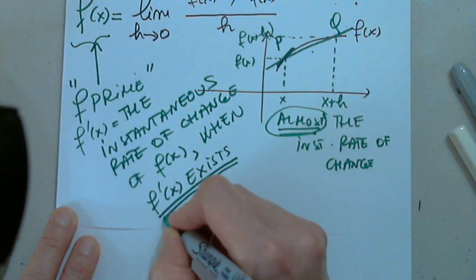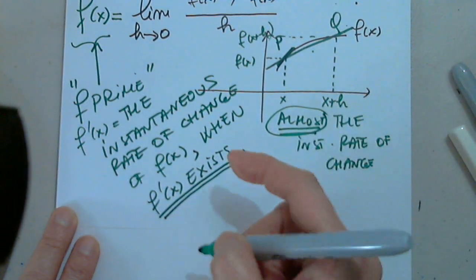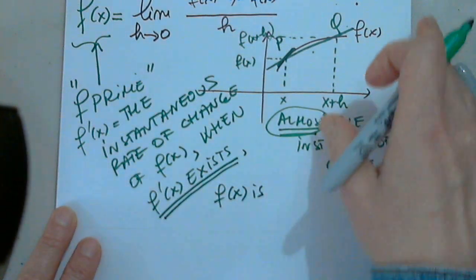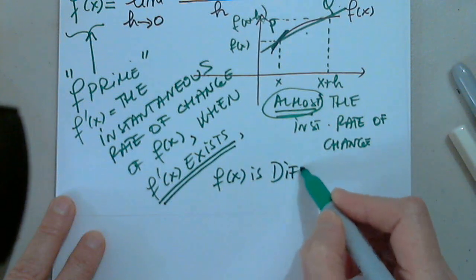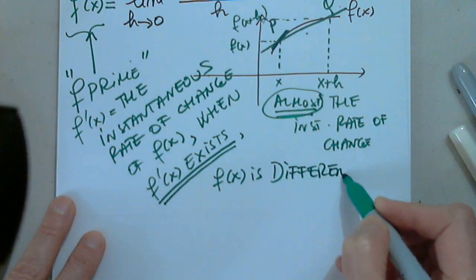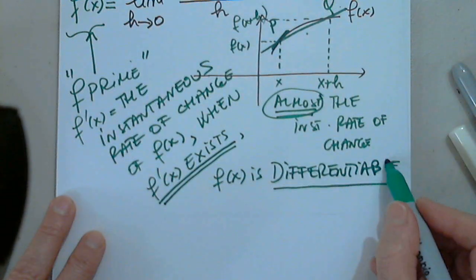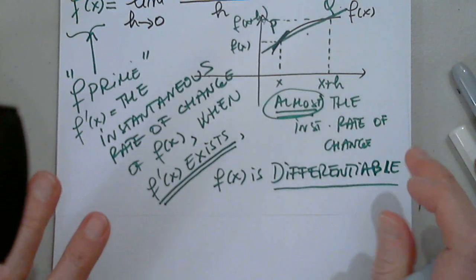We don't really like to say f prime exists, but we like to say when f of x is, and this is a big word now, differentiable. This is a big Scrabble word if you want. I don't play Scrabble normally, but okay.